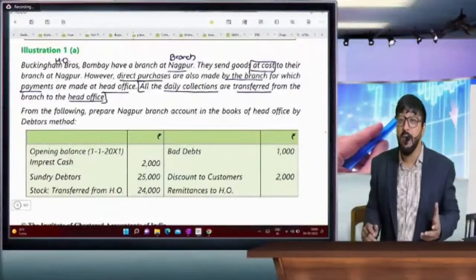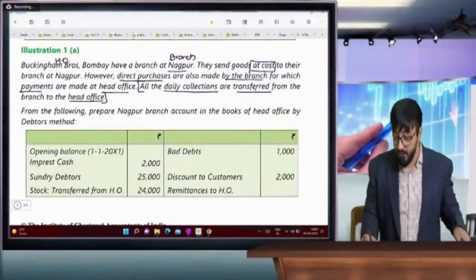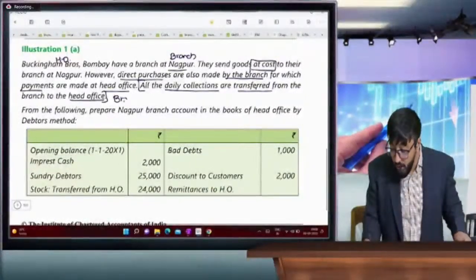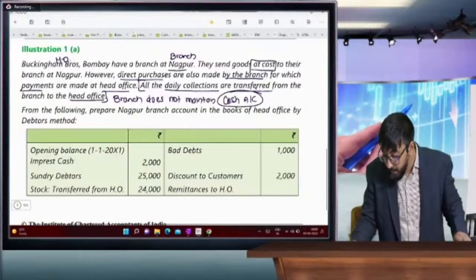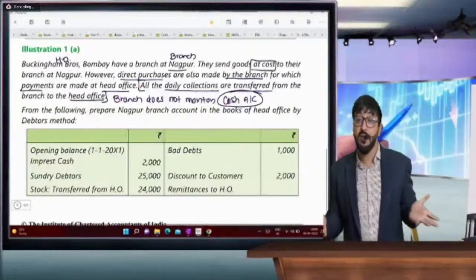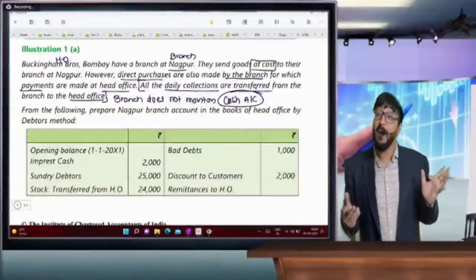Sir, what does it mean? It means the branch does not maintain a cash account. Branch daily cash is remitted. Petty cash is different.